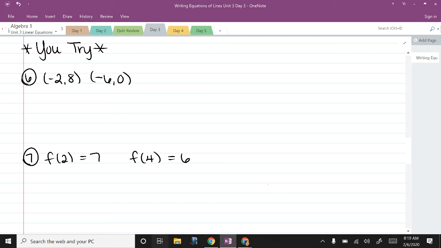If you look to the very left side, always put a minus.